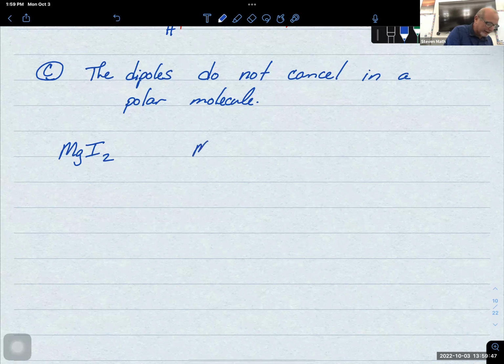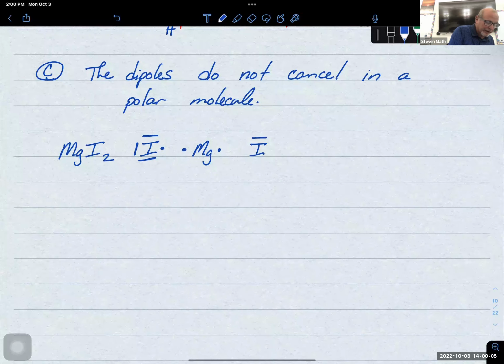So I'm going to put magnesium in the middle, dot, dot. I'm going to put my iodines on the outside. Symmetry. Iodine has 7. Now at this point, we're going to use a dash. It's going to save me from writing a lot of electrons. A dash is 2 electrons.